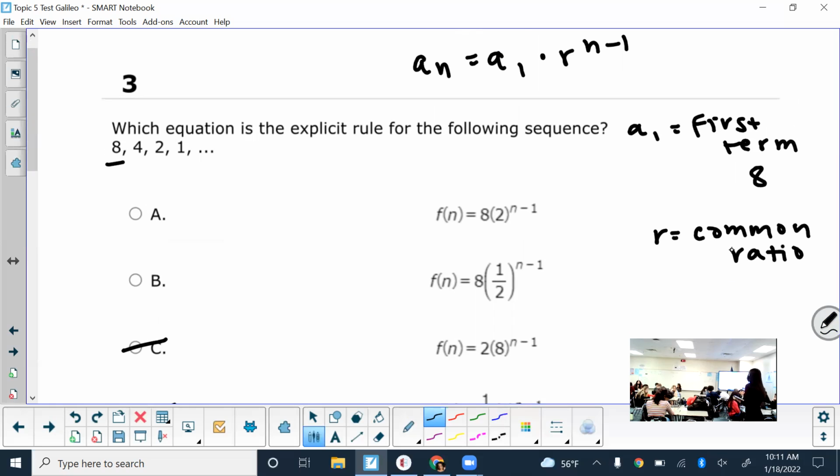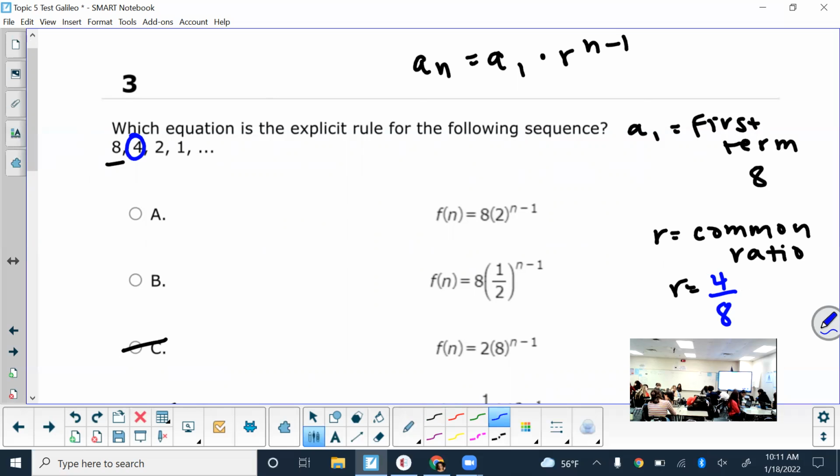So to find your common ratio, remember you needed to take one of the terms, except for the first one. So take 4. And do I divide it by the term before it or after it? Before it. All right, kids will get confused and they'll divide it by the one after it.